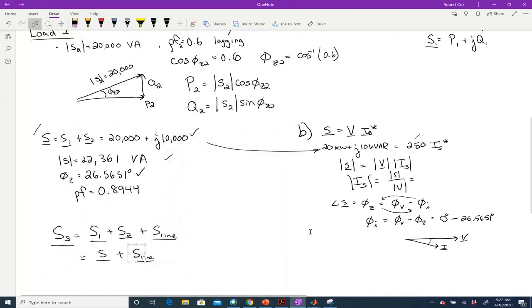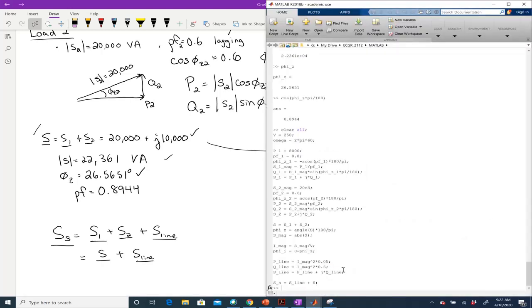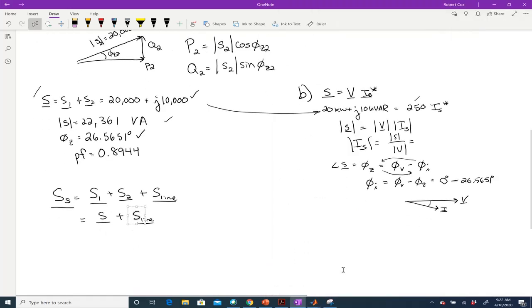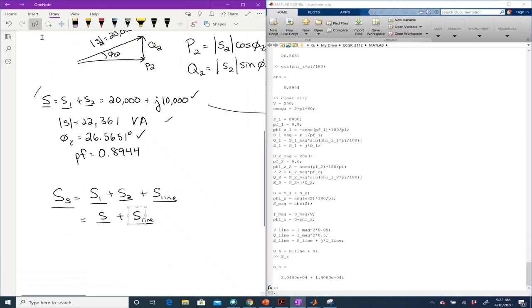evaluate that, I want to look real quick at a couple of things. So S sub S, the power out of the source, is equal to 20,400 plus J times 14,000.